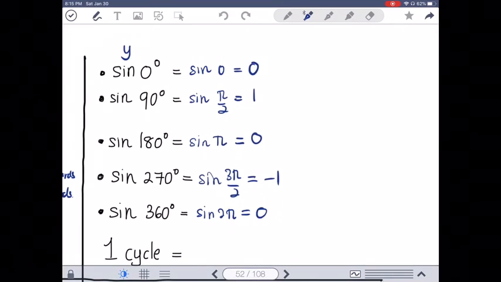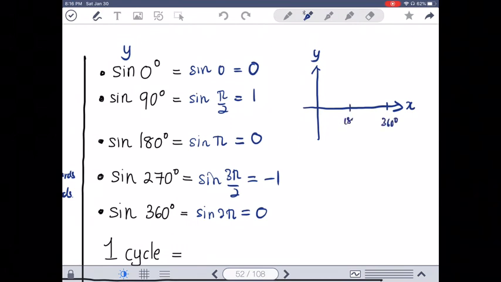So basically, if we draw the graph, here this is y, this is x, and we have, say, here is 360 degrees, 180 degrees, 270 degrees, this is 90 degrees, and 1 and -1.